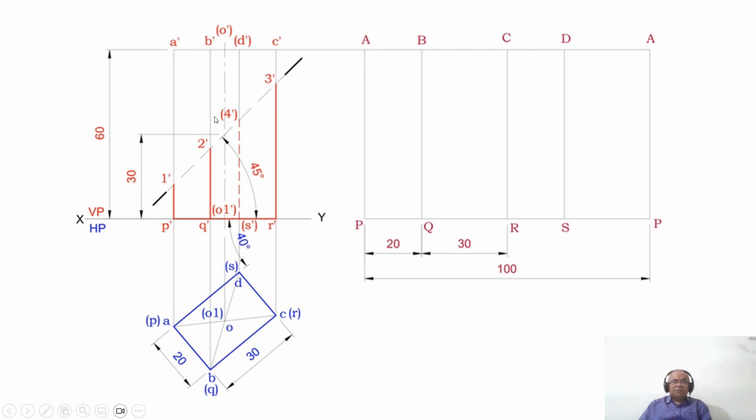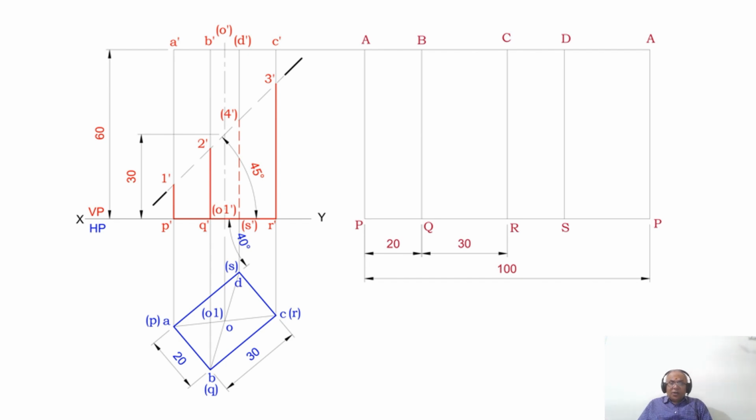You mark that point as 4 dash. Since both D dash and S dash are not visible, 4 dash will also become invisible. After DS you have AP. AP is already marked 1 dash. This is how you will be able to name the sectional points which are coming on the solid.